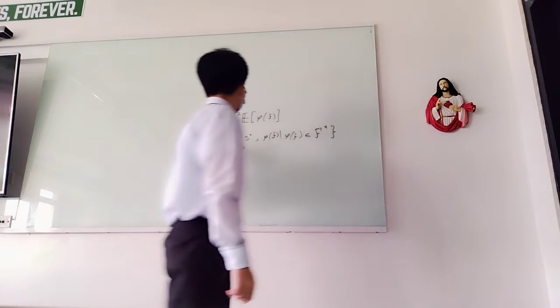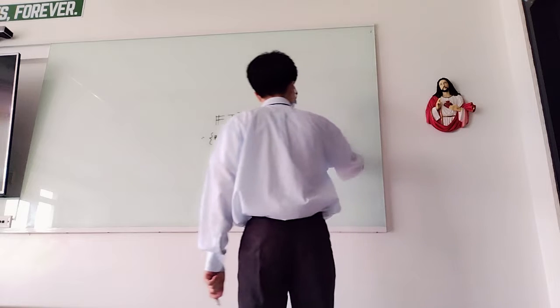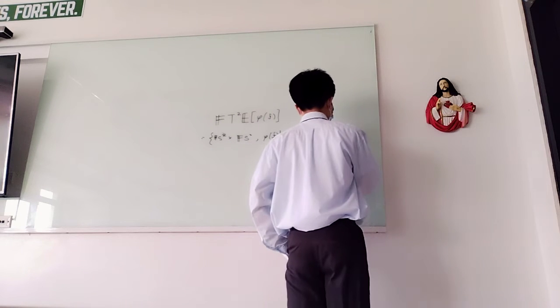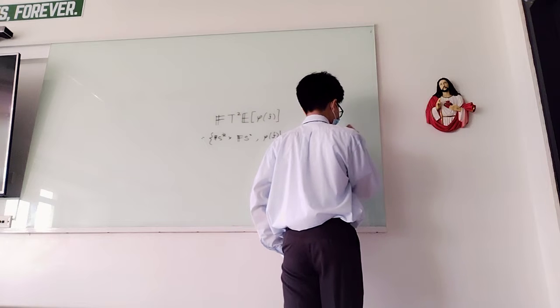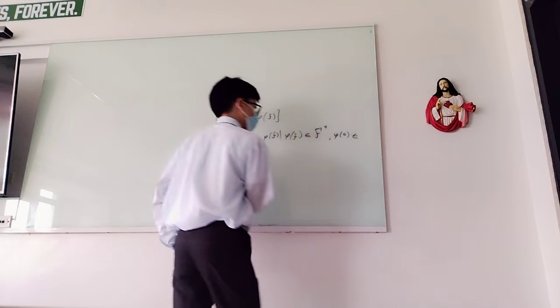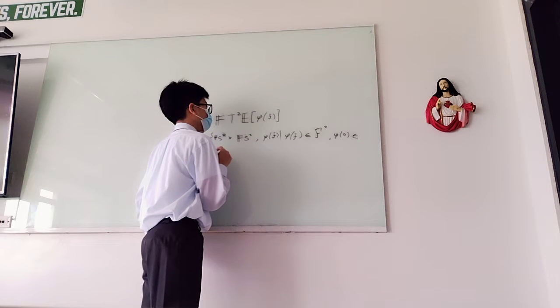So it's solid shell, and then this is an embedding also. Need to also state that phi of 0, so the roots of this F-polynomial lies within the boundary of our torus.